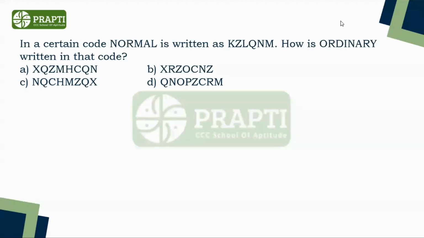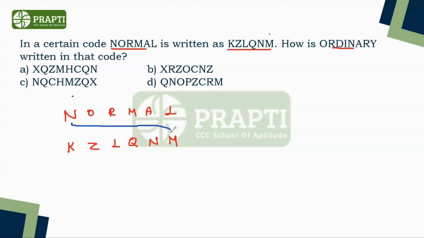So now let us solve a few example questions. In a certain code, NORMAL is written as KZLQNM. How is ORDINARY written in that code? So N, O, R, M, A, L is written as K, Z, L, Q, N, M. Now we just try to find the logic here.